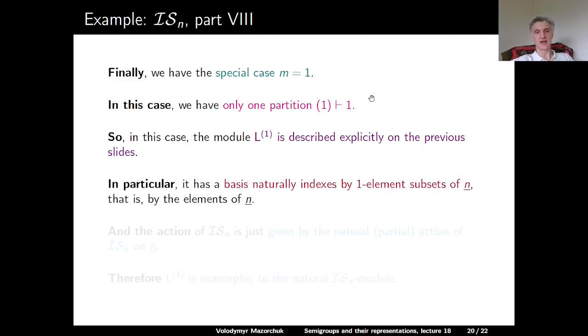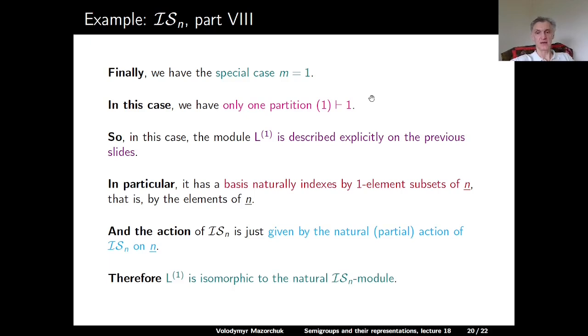In particular, it has a basis which is naturally indexed by one-element subsets of n underlined, that is exactly by the elements of n underlined, and the action of IS_n is just the usual action of IS_n on n underlined. That's a partial action. Therefore, L^1 is exactly the natural IS_n module. That's a simple module over IS_n.